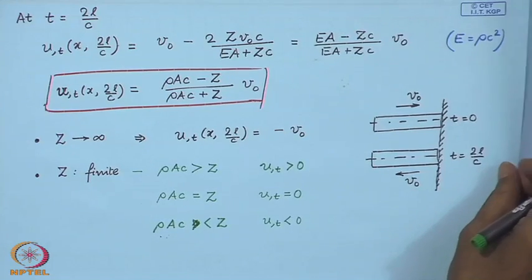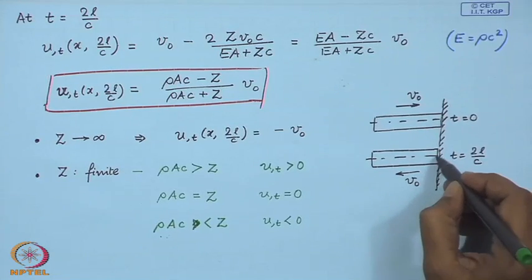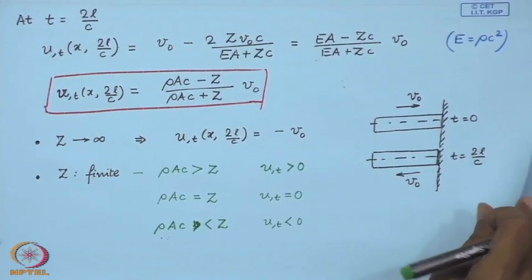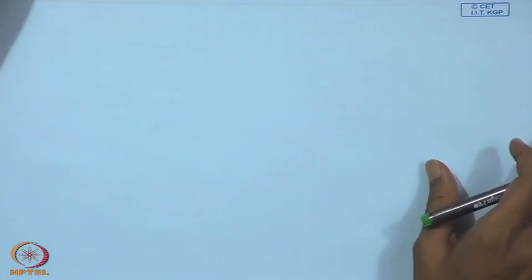Now, this example can be used to understand the phenomenon of collision of objects. So, here again using the wave solution we have looked at this transient phenomenon.